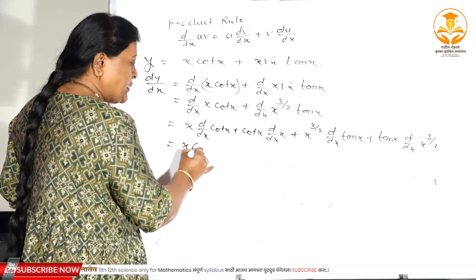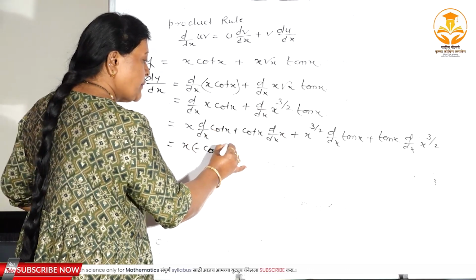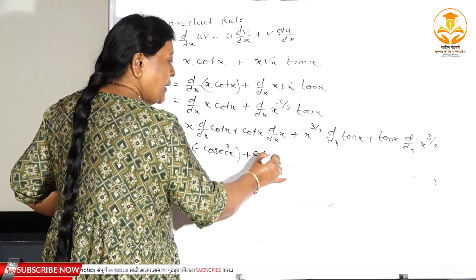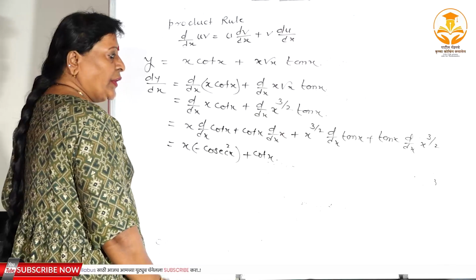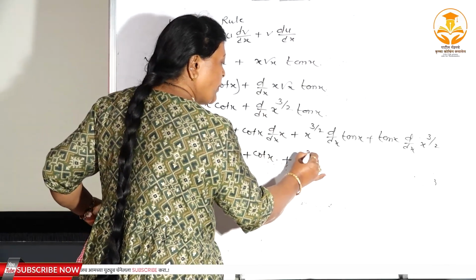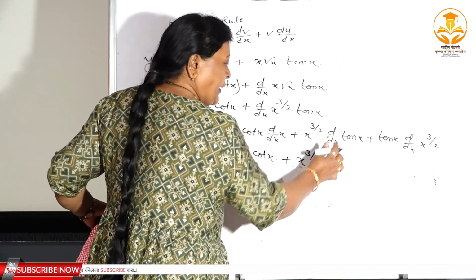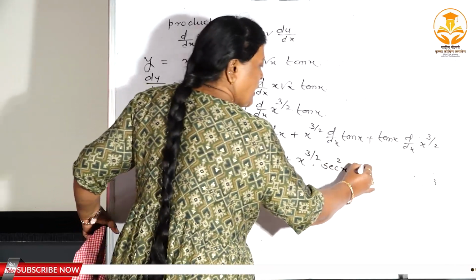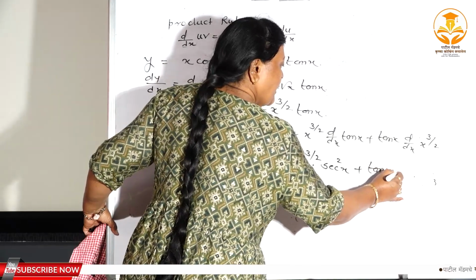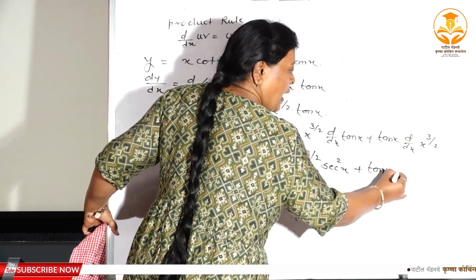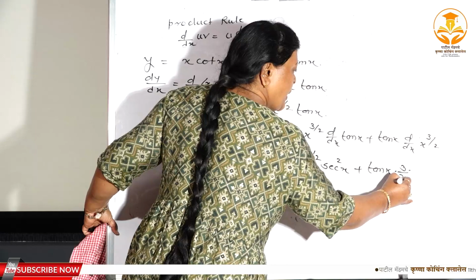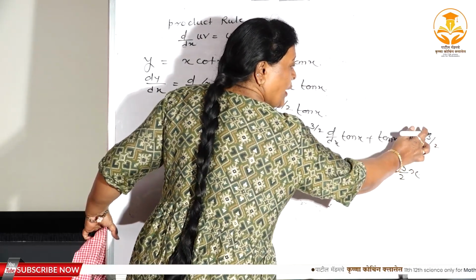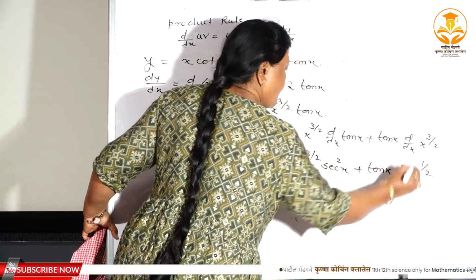The derivative of cot x is minus cosec square x. Right? Plus cot x remains as it is, and the derivative of x is equal to 1. X to the power 3 by 2 remains as it is, the derivative of tan x is equal to sec square x. Right? Plus tan x remains as it is, and the derivative of x to the power 3 by 2, again the power formula: the power is multiplied, and you have to subtract 1 from the power. 3 by 2 minus 1 means 3 minus 2, that is equal to 1 by 2.